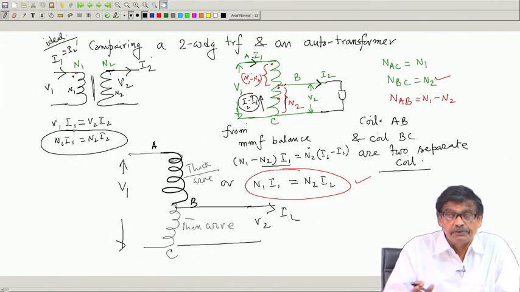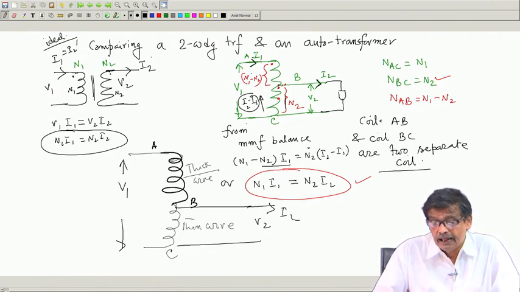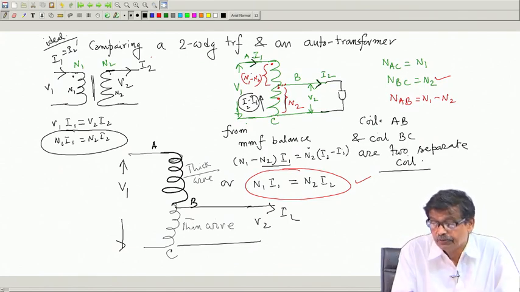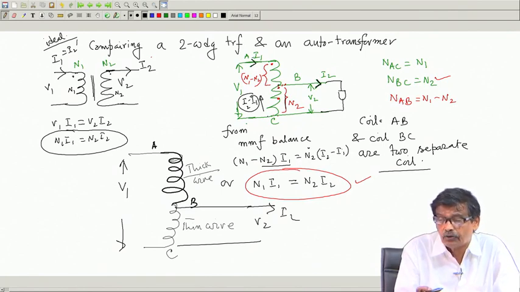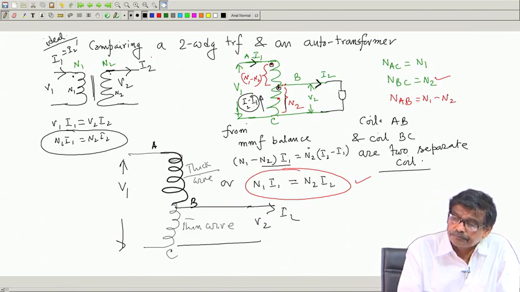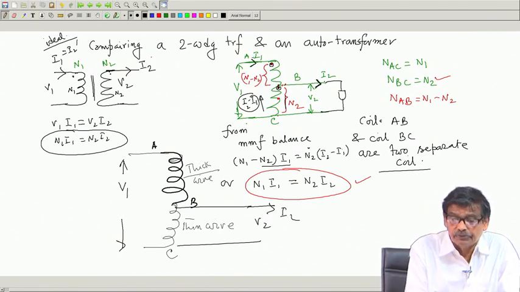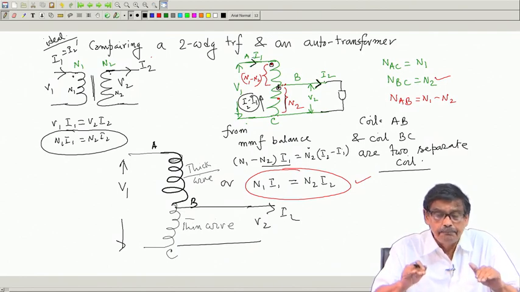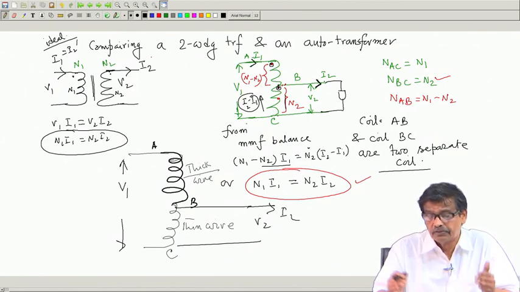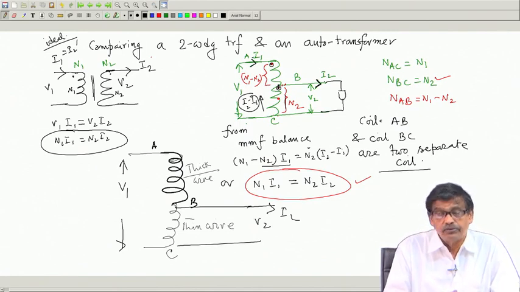They are similar that way, but note the current supplied to the load will be I2, because in an auto transformer there is a common portion of the winding, and this is dot, this is also dot here. Therefore, this current should be I2. So, we must bring them to the same platform before comparing: same kVA rating, same voltage ratios, and so on.